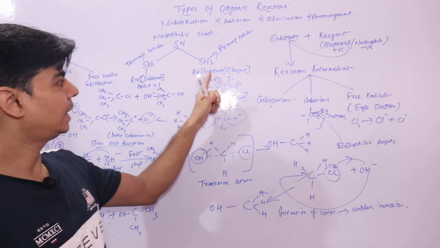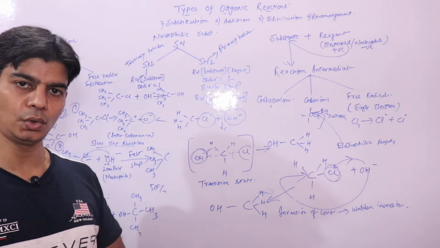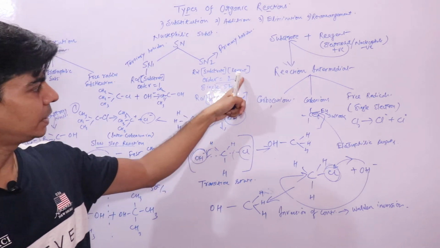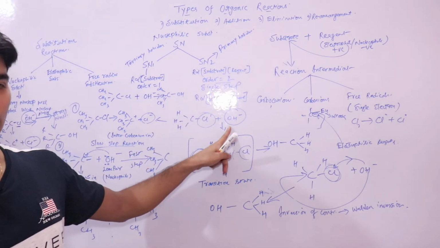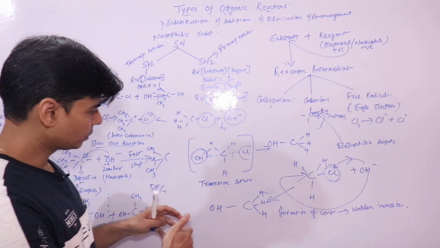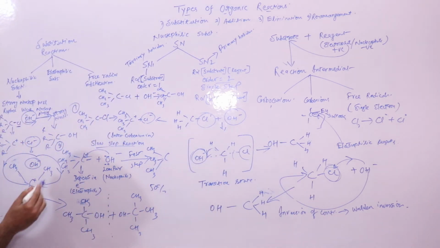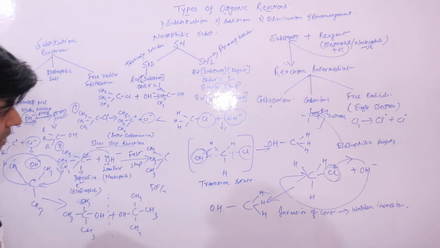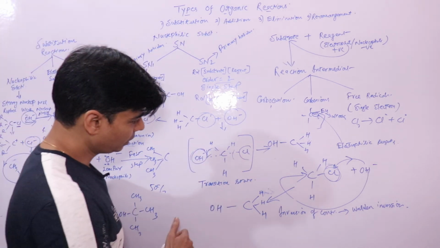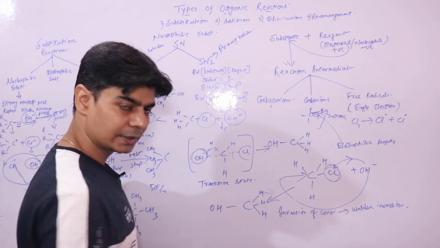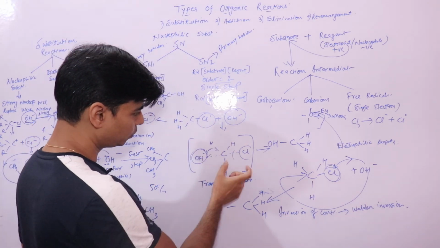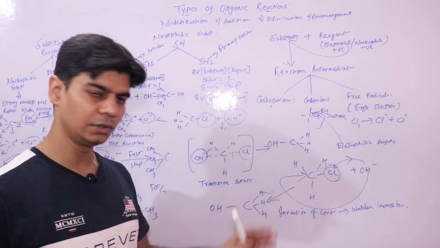Now if we compare it with the SN2 reaction, 2 means order 2. It depends on the concentration of your substrate as well as the reagent, right? The reagent is your nucleophile, a stronger nucleophile. And this is a single step reaction where, since the SN1 reaction goes through a carbocation, which is an intermediate, your SN2 reaction will go through a transition state, which is a high energy state. In the transition state, the carbon atom is bonded to both the attacking nucleophile and the leaving nucleophile.